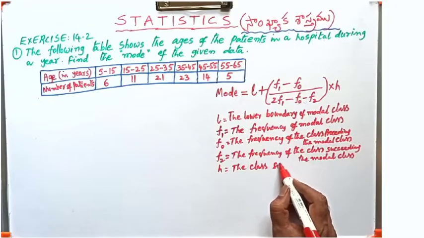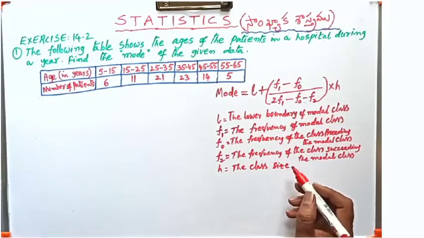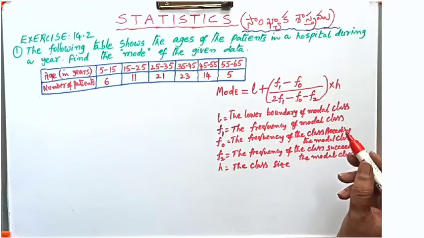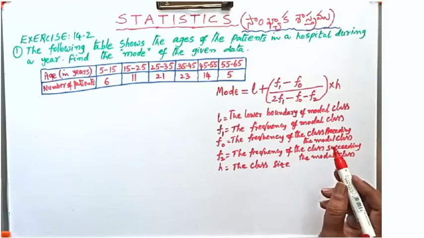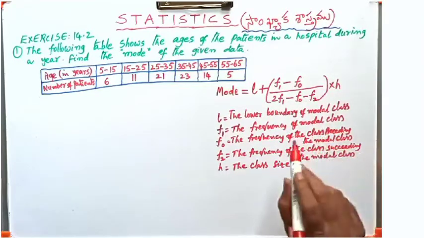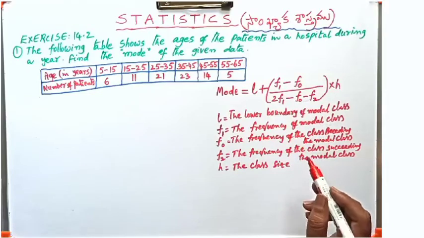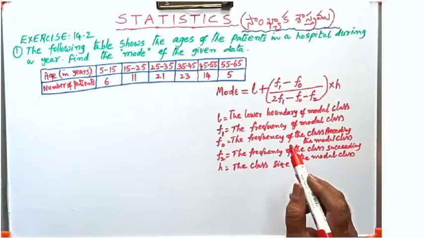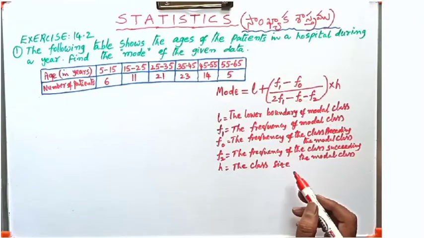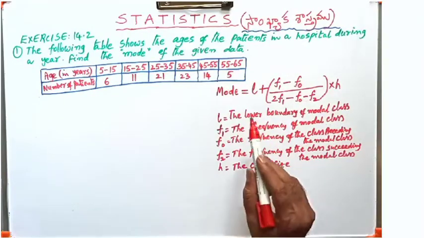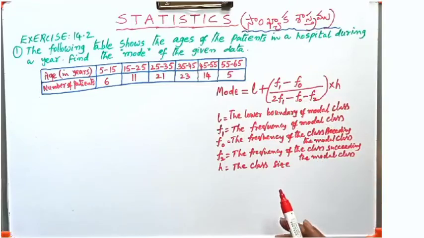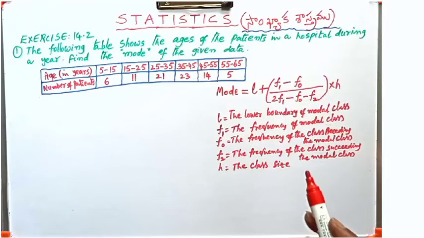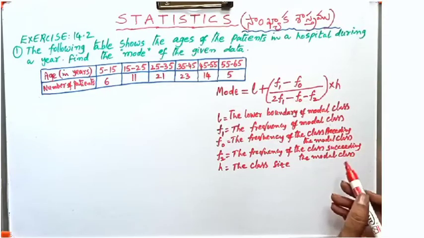Suppose there is a chance to ask like this: write the formula of mode and explain each term. Suppose in your examination they ask like that, you have to write like this. So first we have to know the modal class.